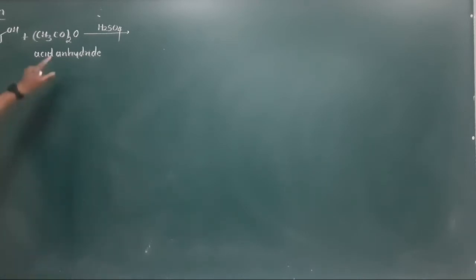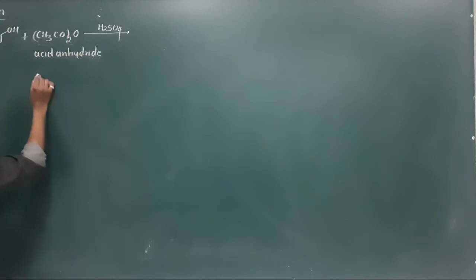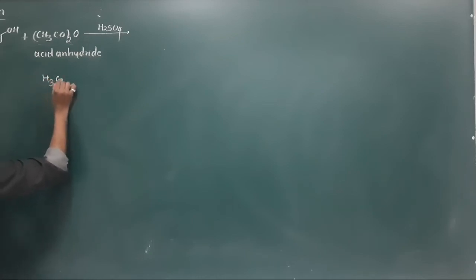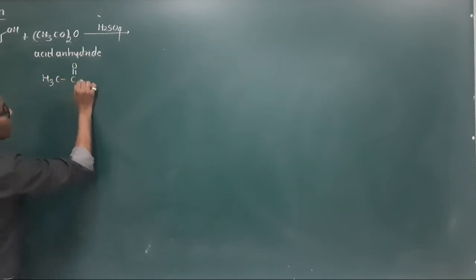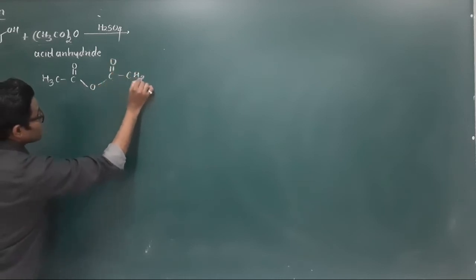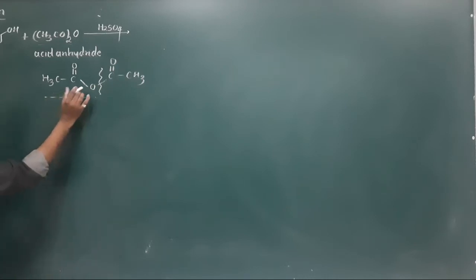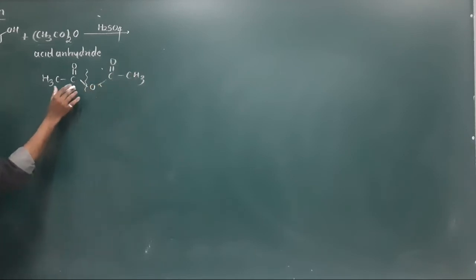Under the presence of concentrated sulfuric acid, this half section, we have CH3, C double bond O, oxygen over here, C double bond O, CH3, right? This particular part is going to replace this hydrogen.